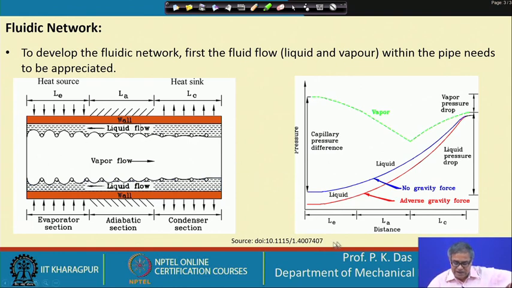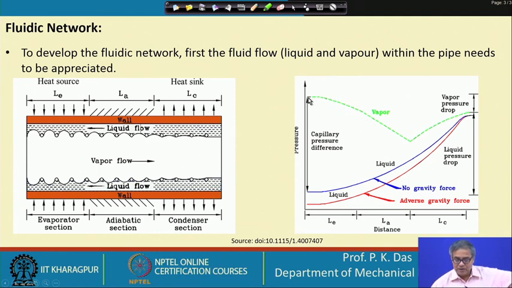So, let us see the next diagram. In the next diagram we have shown distance along the heat pipe, evaporator length, then the adiabatic length and then the condenser length. This length is the independent dimension, and on the other side we have seen how the pressure varies along the length, both for the liquid and for the vapor.